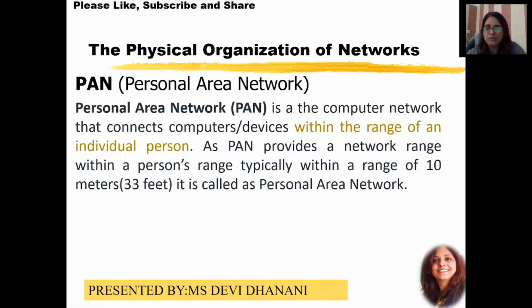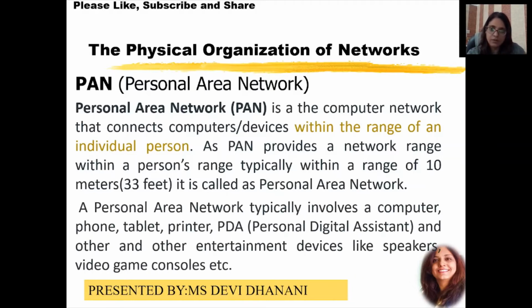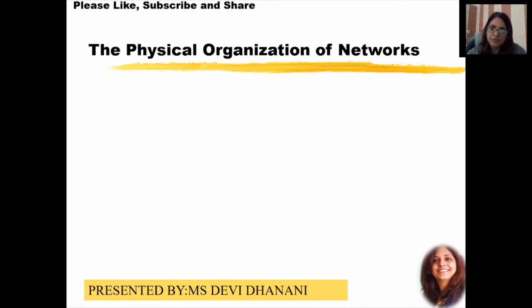So basically this forms a personal area network. It ranges within a person's range, typically within 10 meters. As I said, it involves a computer, phone, tablet, printer, PDA and other entertainment devices. When you connect them to your PC, it forms a personal area network.